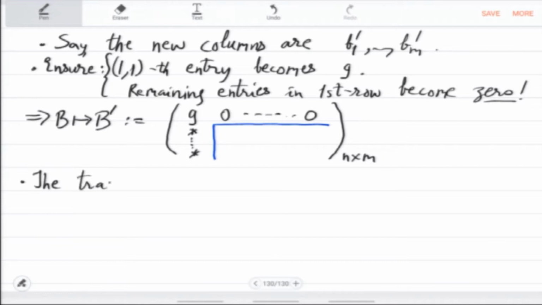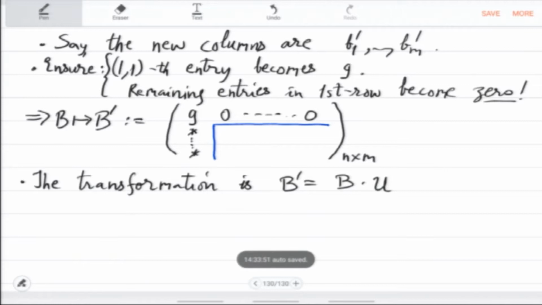The transformation is B prime is basically B, you did column operations, right? So it's a multiplication by a matrix on the right, B times U.